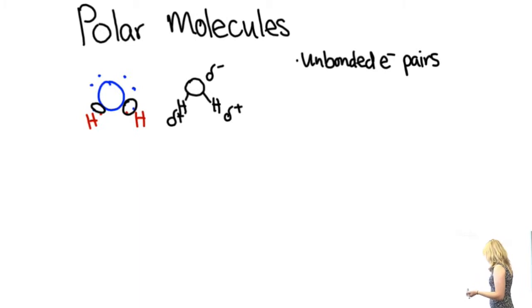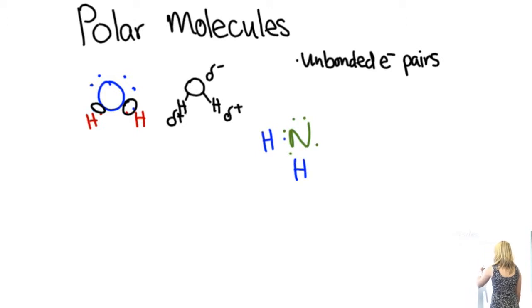We could do another example of ammonia. So we have our nitrogen, which has 5 valence electrons, and it will be bonded to 3 hydrogens, which each contribute 1 valence electron. And know that for hydrogens, they don't need a full octet.